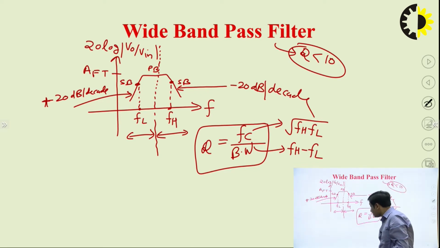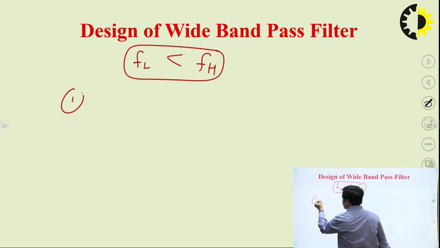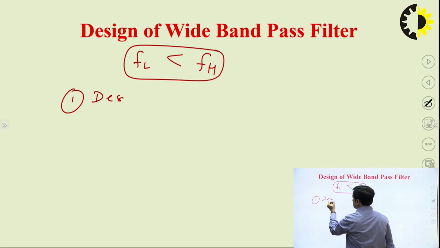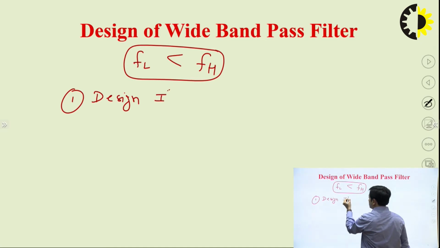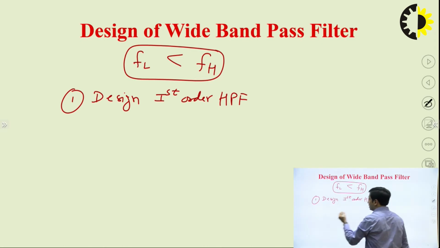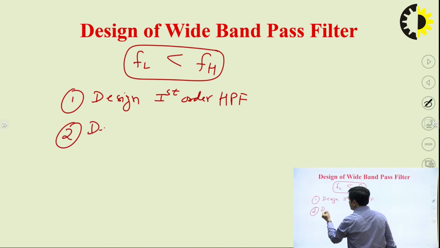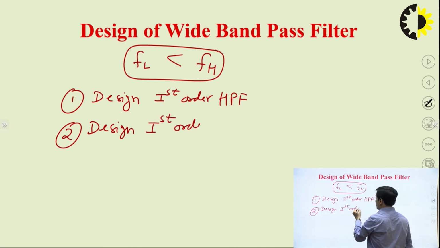Fine. Now as far as design of wide band pass filter is concerned, it's in fact very easy, because if you have studied first order low pass and first order high pass, then the design steps are the same. So to design wide band pass filter, firstly we will have to design first order high pass filter, and then we will have to design first order low pass filter.